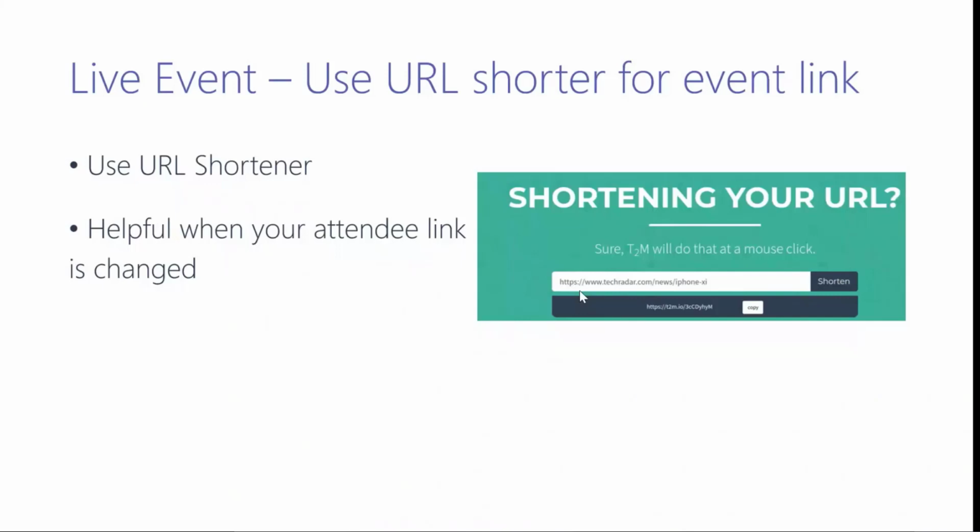You could just simply give them one URL, and then in the backend you can always change the URL as needed. I've seen that happen, and that's why it's important that for any formal events, never send them the actual meeting URL. Just send them the URL that you shortened, and then if you ever need to change the URL behind the scenes, you could always do that.